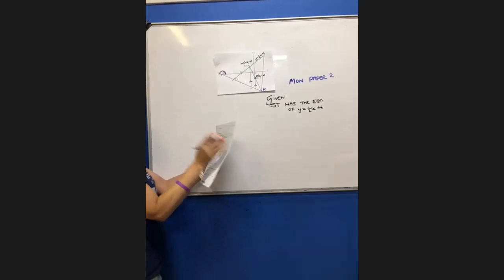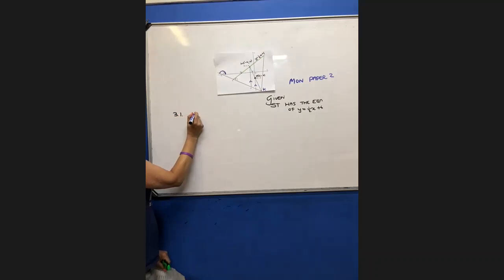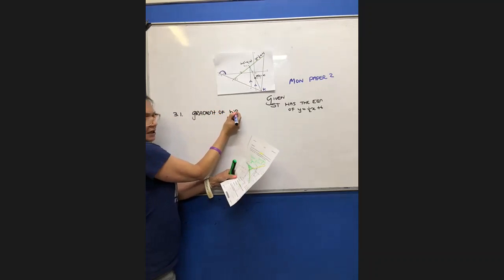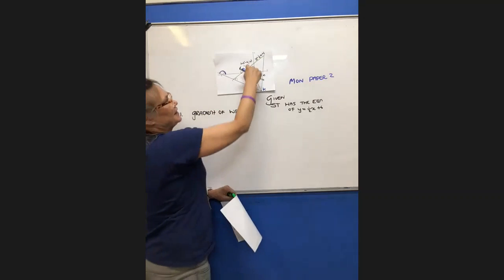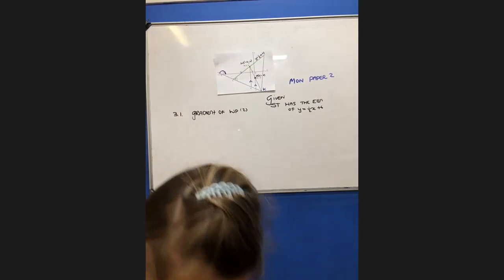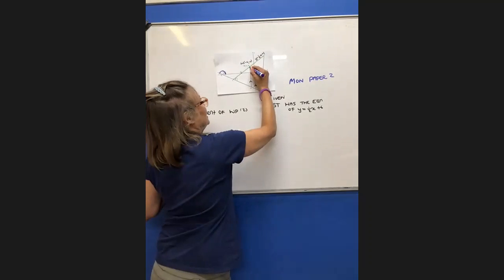So that's what was given to me. And now, what are the questions? 3.1. They want the gradient of WP, 2 marks. Okay, WP. So in other words, let's just focus. They want me to give them the gradient of this line.